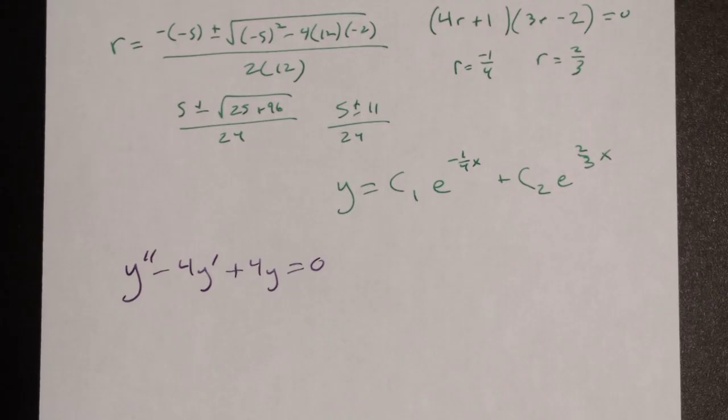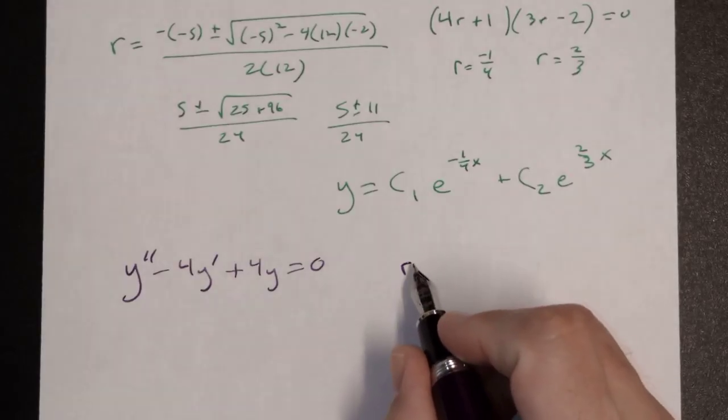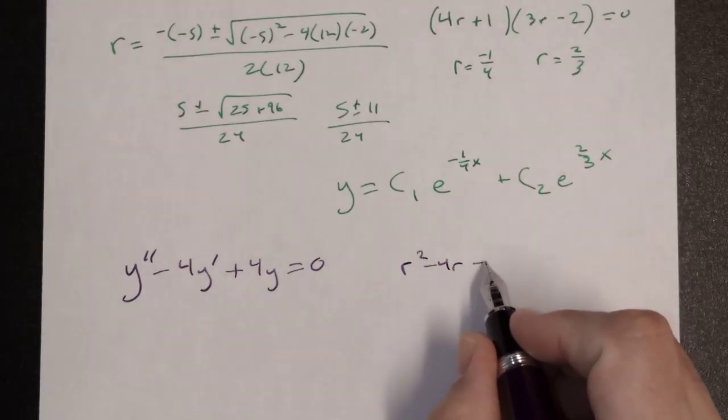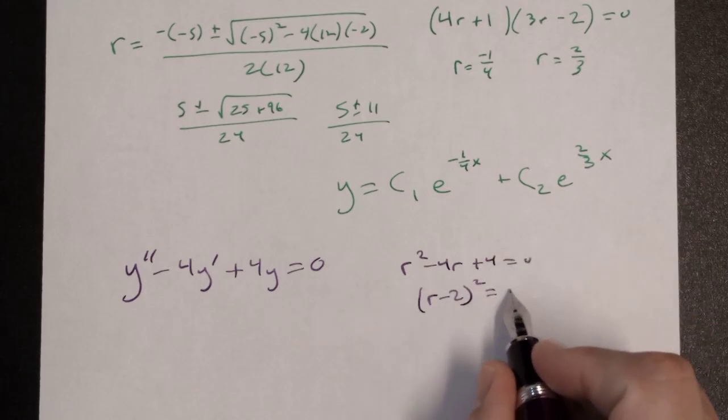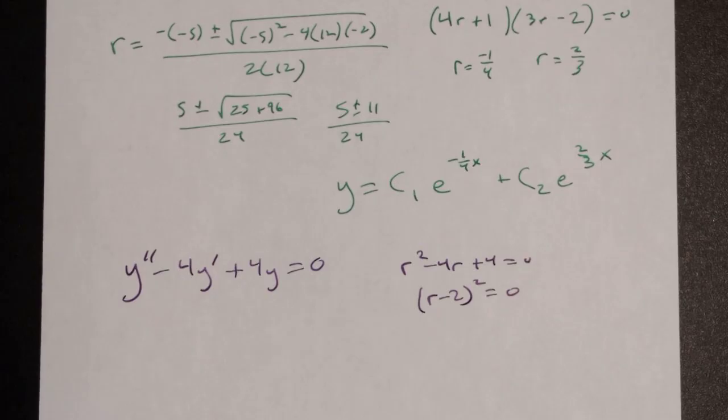R minus 2 squared. Which means I only get one root, right? I get r equals 2. It's in there twice. It's a double root because it's squared. But if I use e to the 2x and e to the 2x again, what problem do I have?